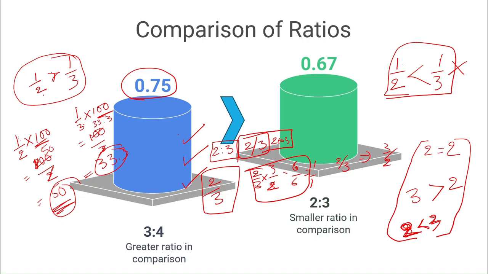Otherwise, if you simply compare, okay, 2 is smaller than 3, 1 is equal, then you'll make a mistake, like 2 is less than 3 and so 1 by 2 is less than 1 by 3. So that's the reason converting into decimal format is always important. So I follow this way.